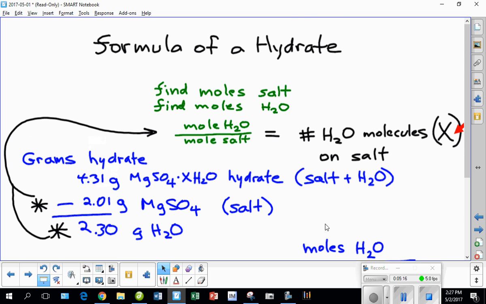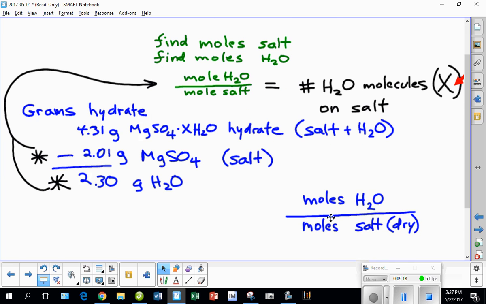So it would be magnesium sulfate, and then whatever the number X is that you get from this calculation right here, which comes from converting these guys into moles, and then that number plugs in to the formula of the hydrate.